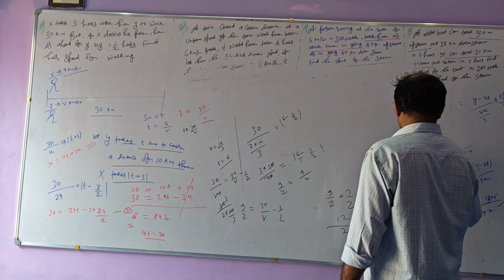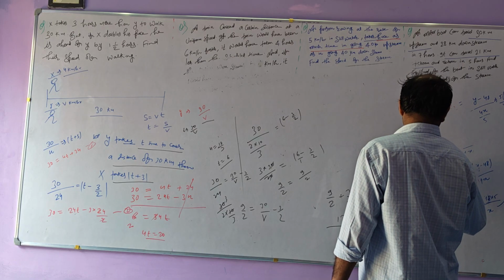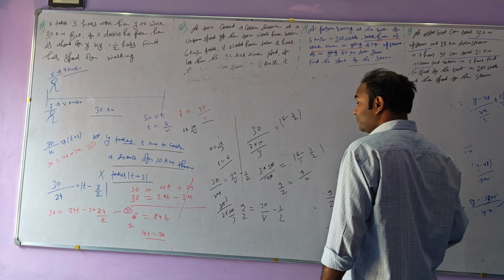V is equal to 60 upon 12. V is equal to 5 kilometer per hour.